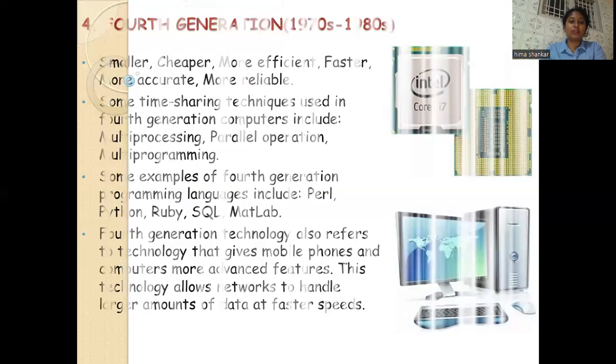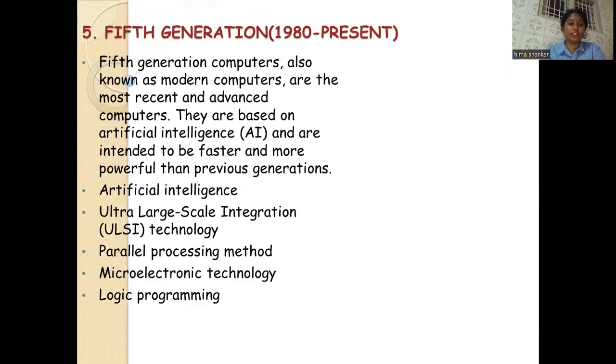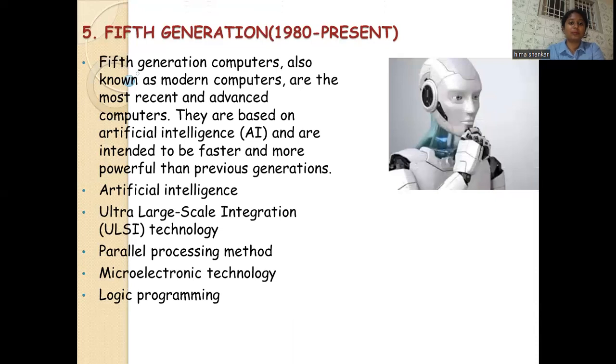So let's move on to the fifth generation, which is more advanced than all the previous generations. Fifth generation of computers, known as modern computers, are the most recent and advanced computers. They are based on artificial intelligence and are intended to be faster and more powerful than the previous generations.